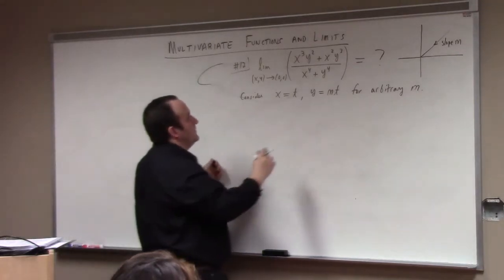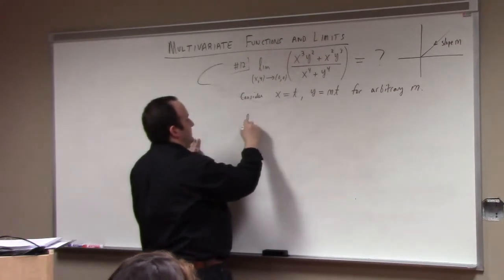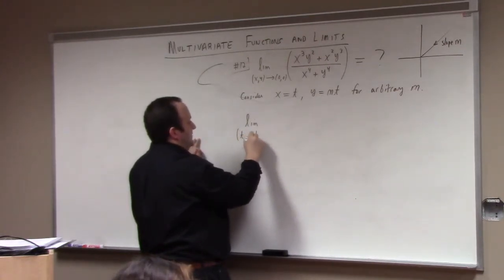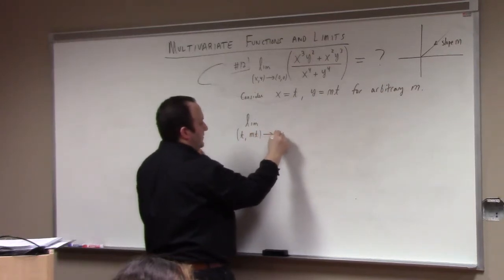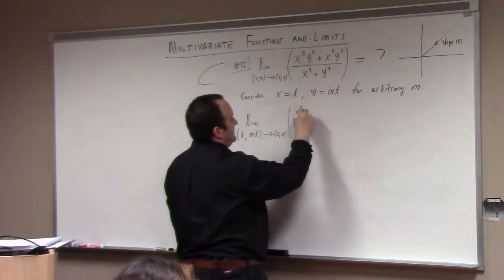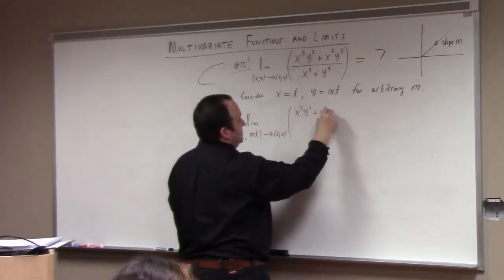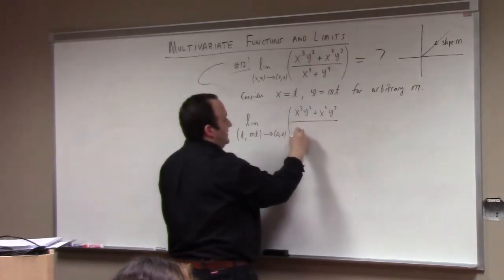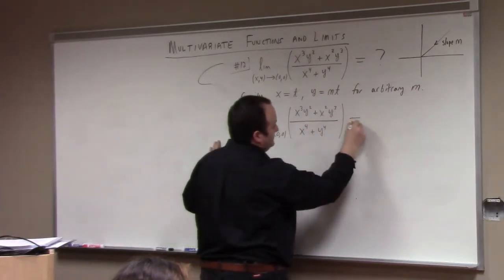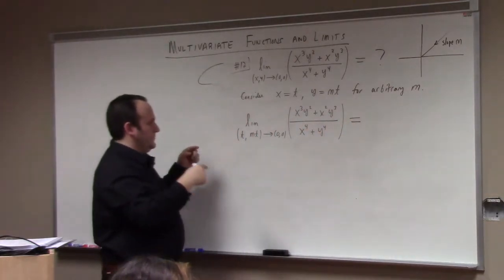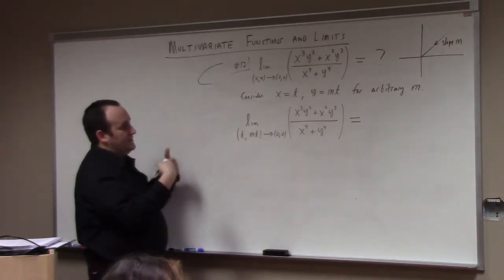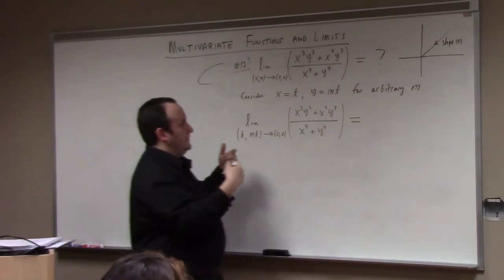Let's try it out. So the limit of (t, mt) goes to 0, 0 of x cubed y squared plus x squared y cubed divided by x to the fourth plus y to the fourth. We're going to set x equal to t. So what's that give us?